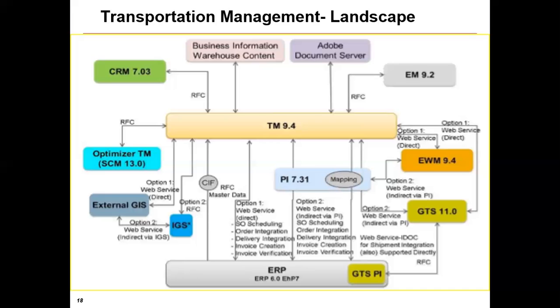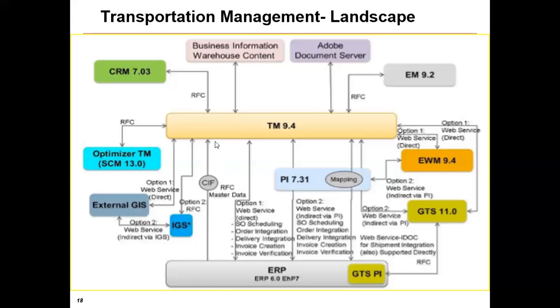Good. Actually, yeah, core interface. So CIF is the core interface. So we need to use this core interface channel to transfer master data. It is a one directional operation, from ERP to TM.